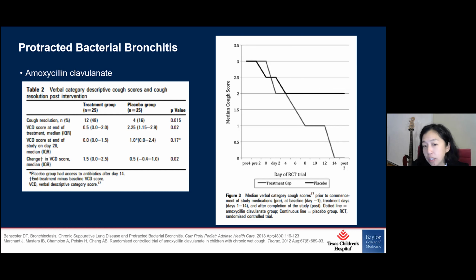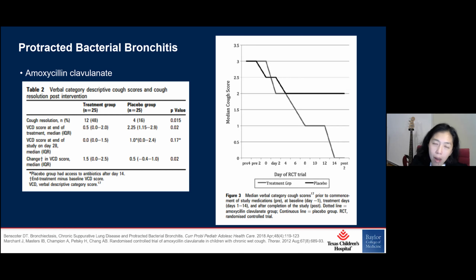And so this is our first line management at our institution. This is what our pediatric pulm folks will do, these 14-day courses of Augmentin for the treatment of PBB. And you'll remember, in contradistinction again to the acute pneumonia, this is a longer course of antibiotics.